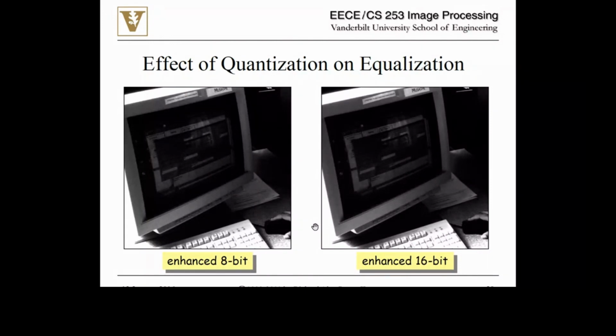Between those same two colors in 16 bits, how many colors do I have in between? 256. 256 between one step and the next in 8 bits. So you take two colors in 8 bits, and now you take those two colors in 16 bits. Now you have 256 colors in between.